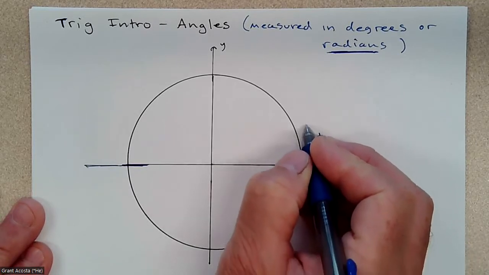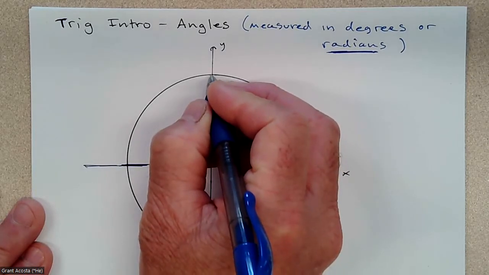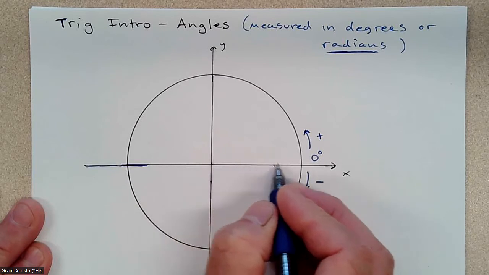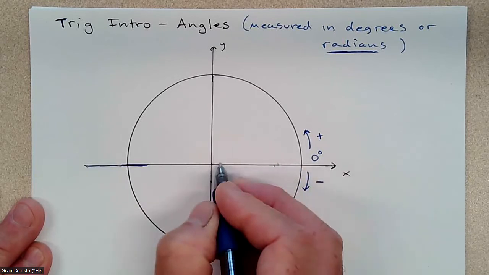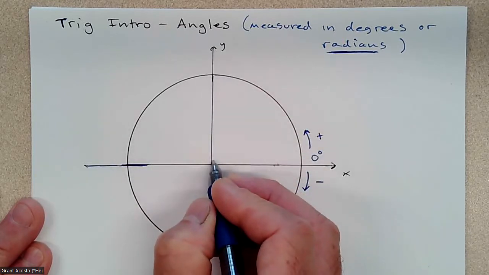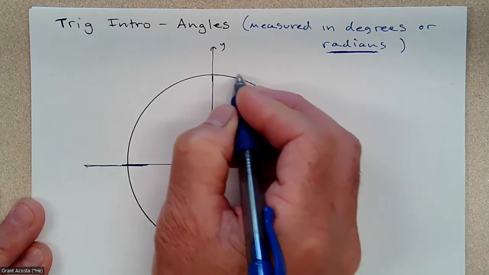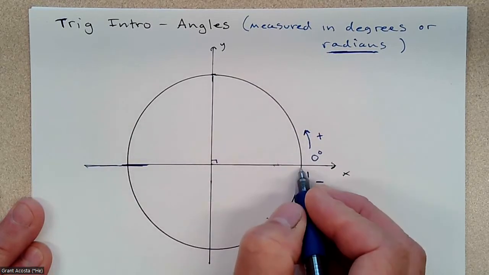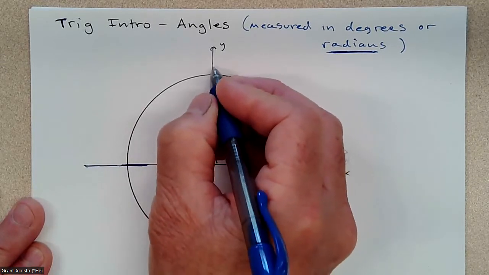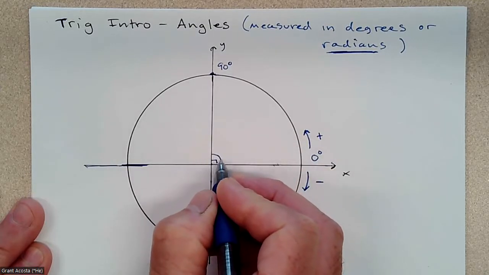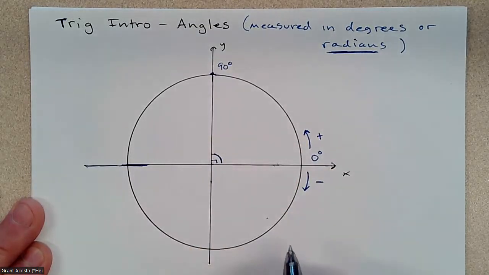So if we were to move in a positive way up to the y-axis, then the angle that is created from the positive x-axis to the positive y-axis, many of you will recognize that as a right angle. And that's the same as 90 degrees. So if you were to rotate a quarter of a circle up here, that angle from here to here is 90 degrees.